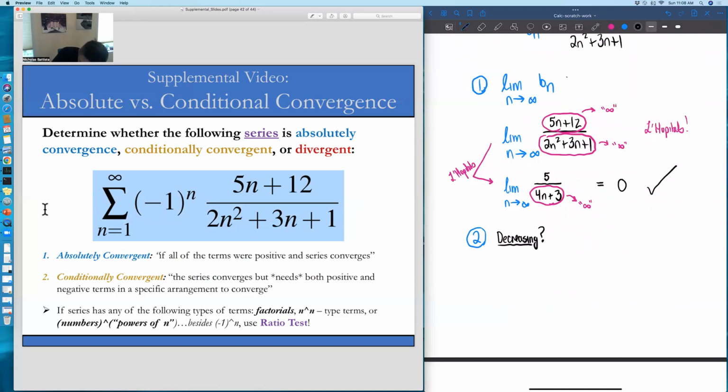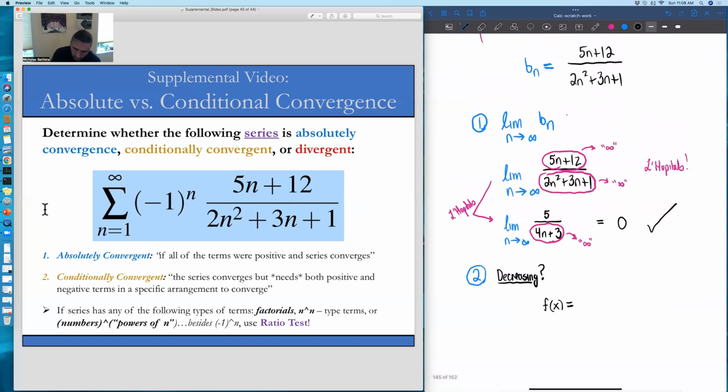So I'm going to define a function f of x, where I'm thinking of x as any real number, or x greater than 1, I should say. We take our series function with the positive terms only, 5n plus 12 over 2n squared plus 3n plus 1, and anywhere there's an n, we replace that with an x.